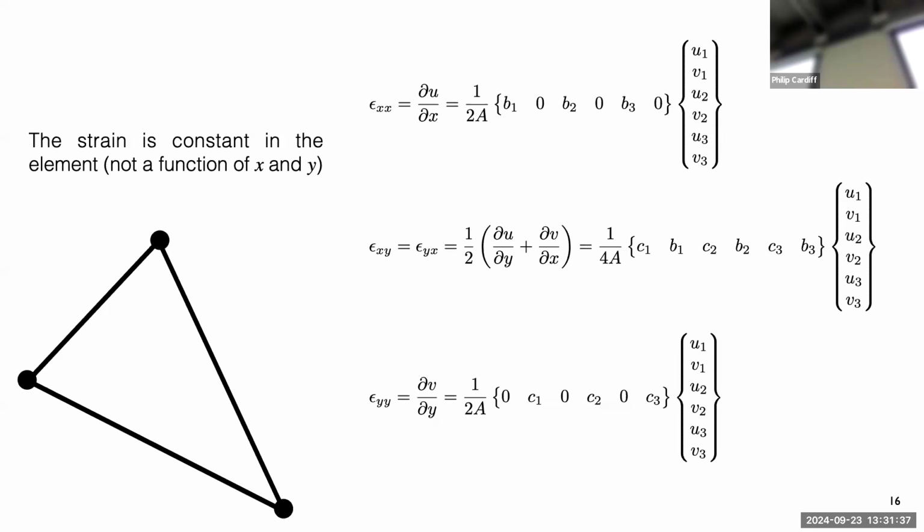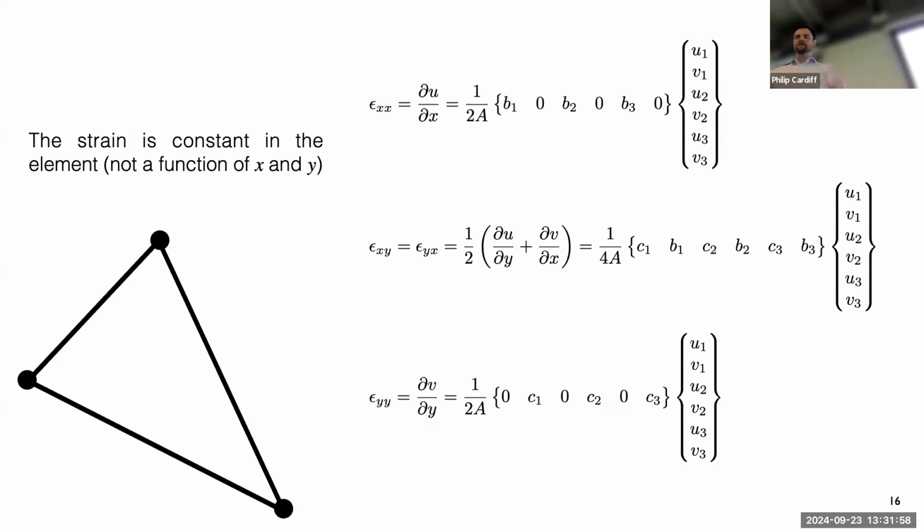They're not a function of x and y. So that means that strain is constant within the element. Within these linear finite elements, these linear triangles, the strain is actually constant. The displacement is varying linearly, but the strain is constant. So it's the same value here, as here, as here.